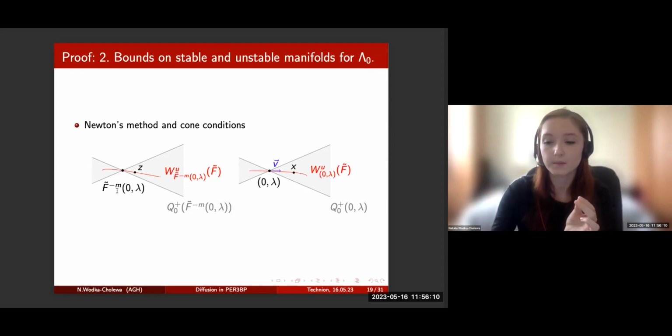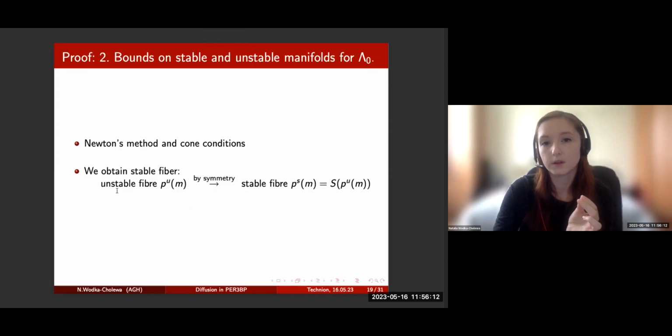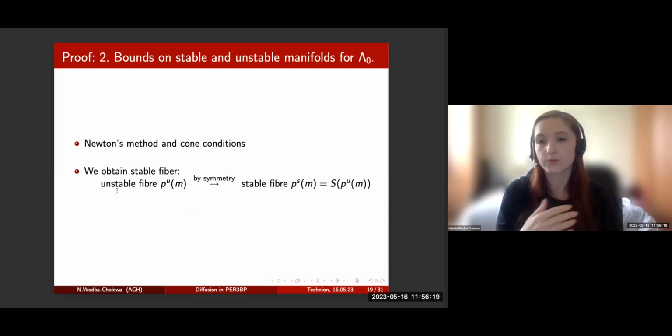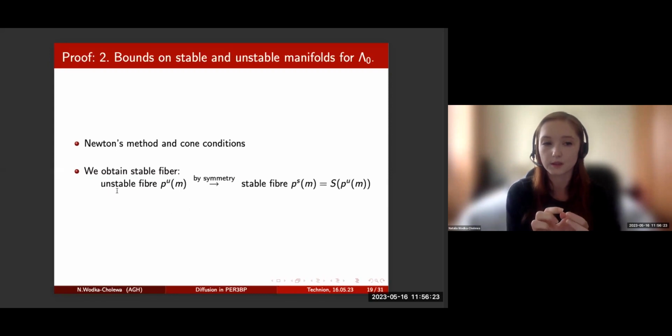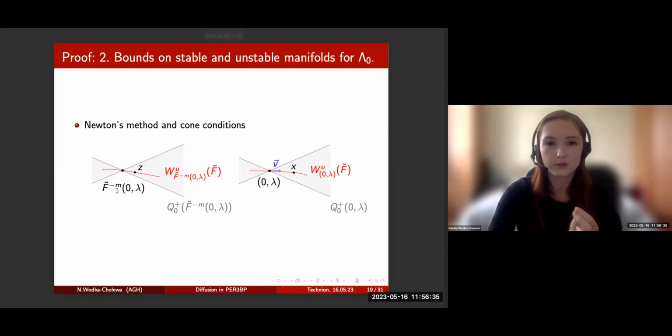And if you have unstable, you can use the symmetry to produce stable. It's that easy, because it goes reverse in time. So for you it's easy if you have the right setting and you put everything on the section, so y is 0 and of course px is 0. So you have the symmetry, and you can obtain this red curve.